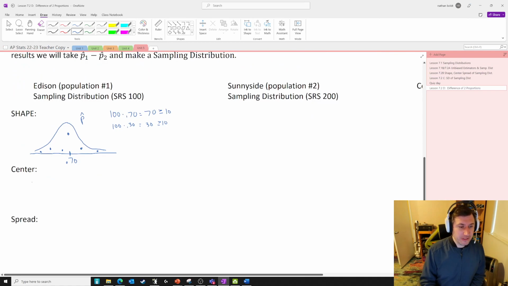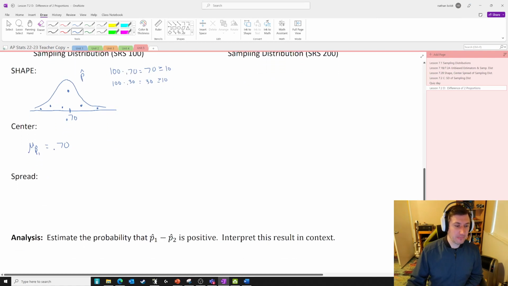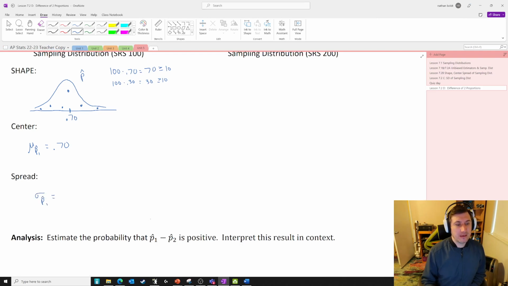All right, the center, we do know that the average of all the p-hats will be equal to 70. That's the center. The spread, so the standard deviation of all the p1 hats is going to be equal to the square root of 0.70 times 0.30 divided by 100.